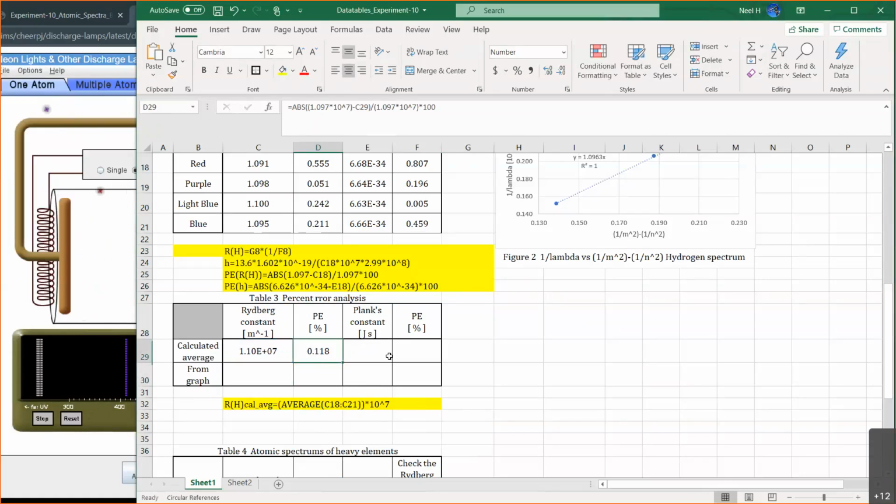It's about 0.1% error. So that is the PE for the Rydberg constant. Okay. All right, any question?